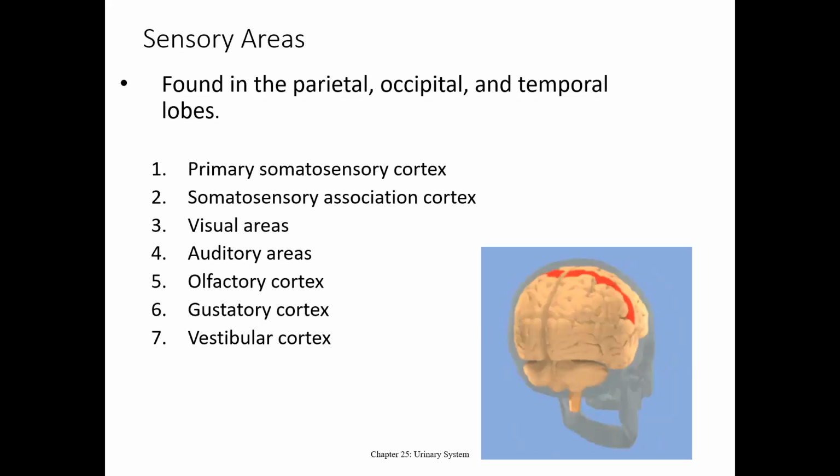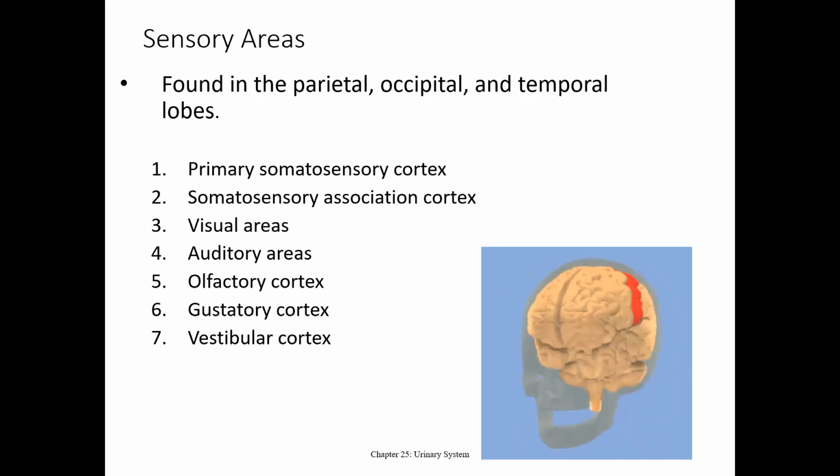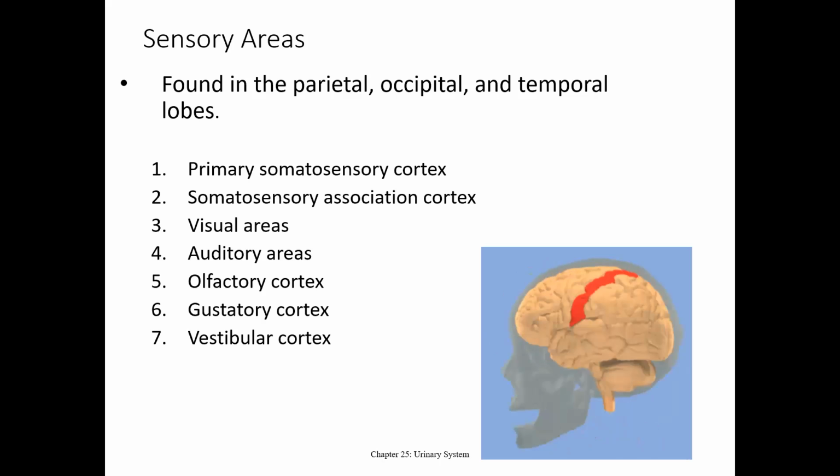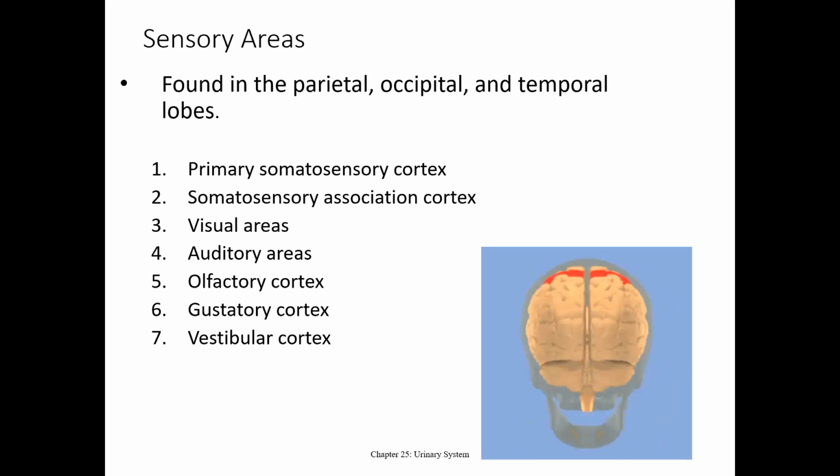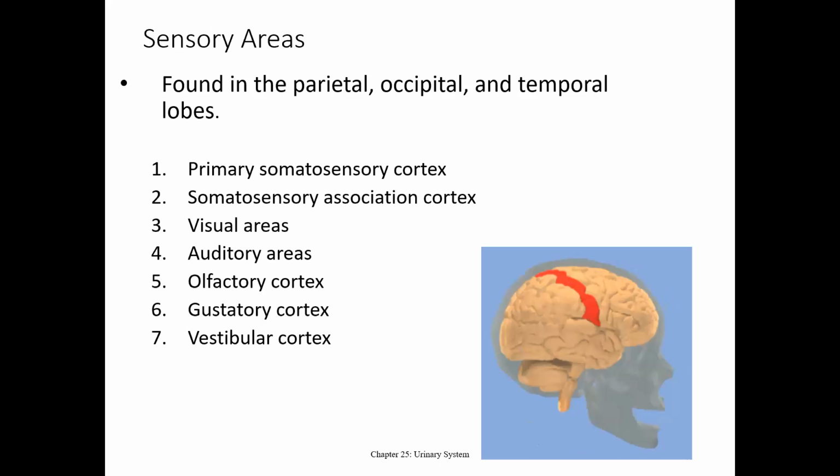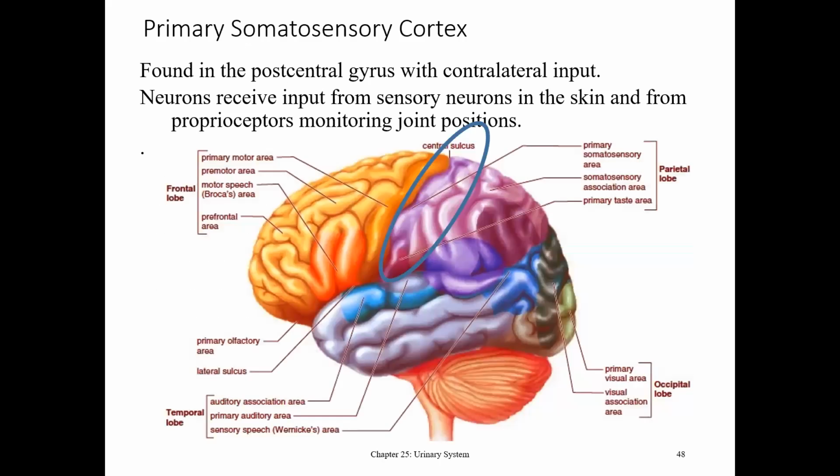We have the somatosensory association area or cortex. We have the visual areas. We have the olfactory, gustatory, and vestibular cortexes too. So the primary somatosensory cortex is found in the post-central gyrus.